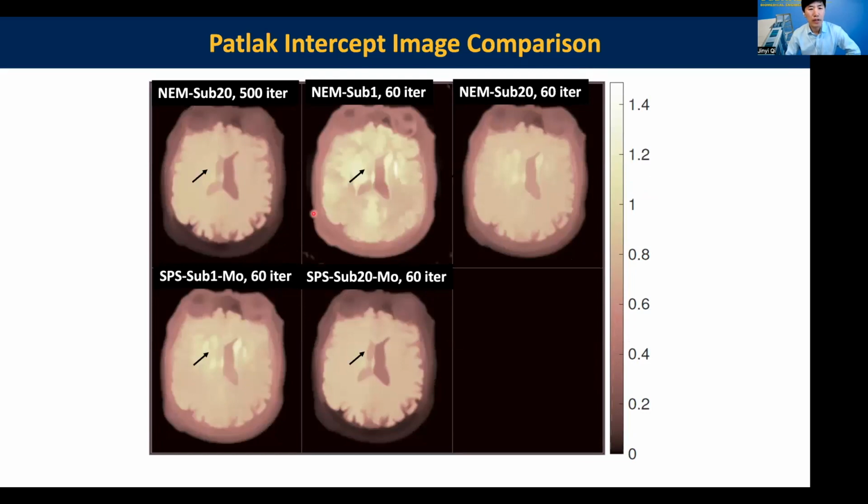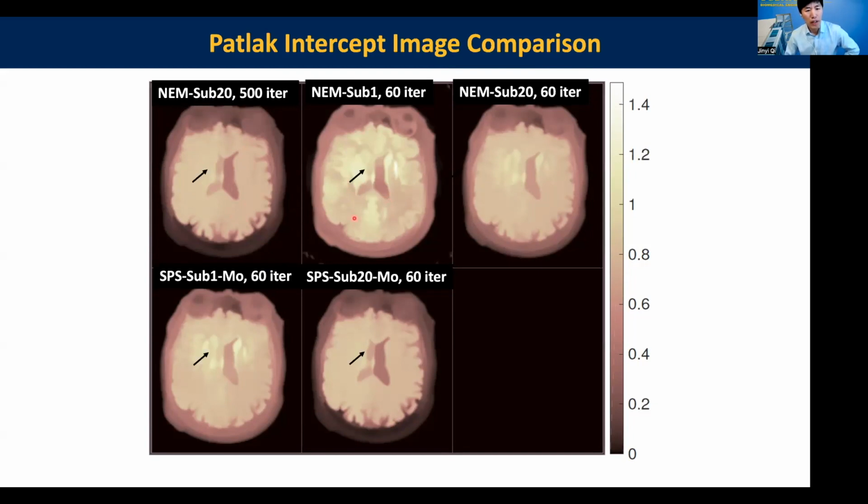And here you can see, again, the first one is the reference, 500 iterations of nested EM with 20 sub-iterations, which shows a very flat intercept image in the gray and white matter.